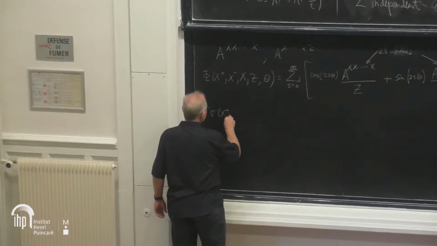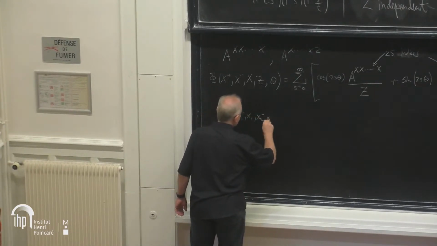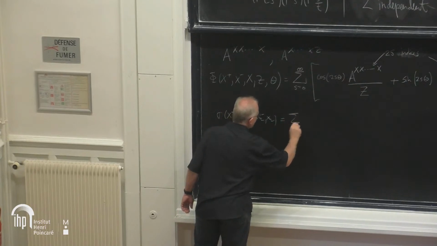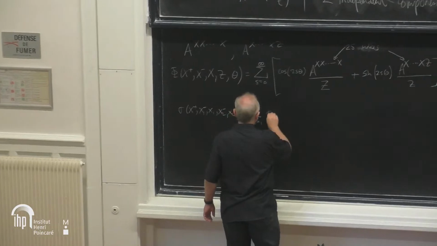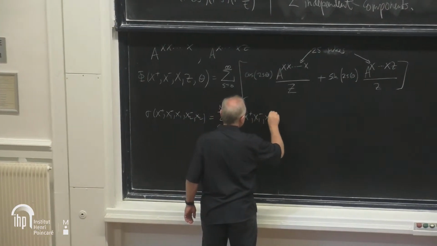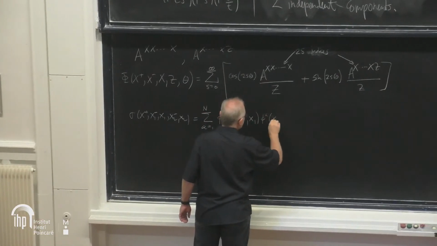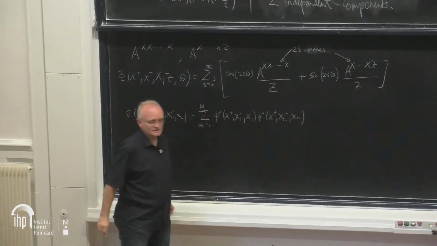Now I would invite you to compare this to the bilocal. So the bilocal was of the form sum over a equals 1 to n of phi a of x plus x1 minus x1, phi a of x plus x2 minus x2.